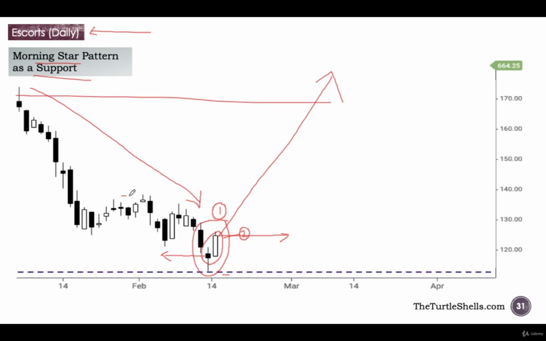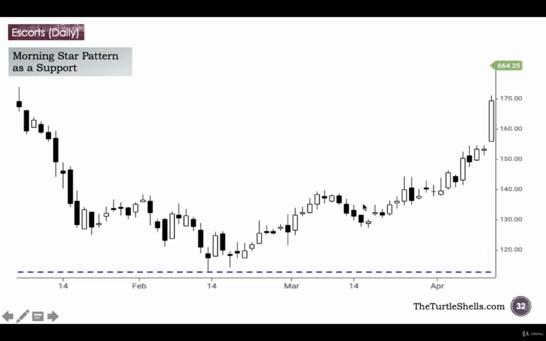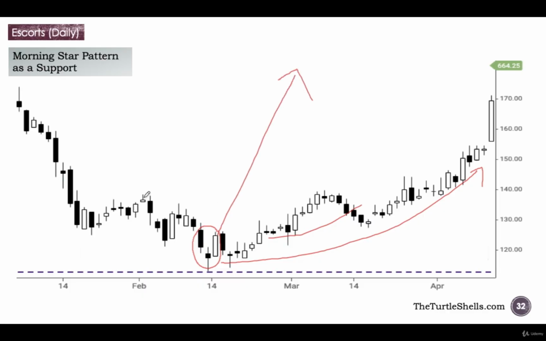I would consider this also as a resistance, but a very minor resistance. It looks like a box range here. So we can aim for the price to go up, which in this case has gone up nicely. So the Morning Star started here and the price started to go up. Although it was not a steep rise, which you would have expected like this. But in this scenario, this resistance has played a key role.